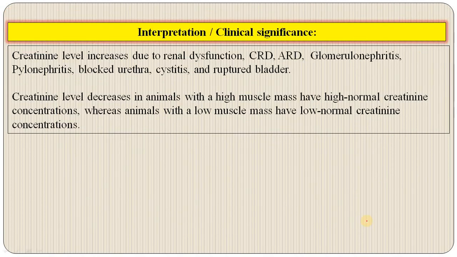In conclusion, or in clinical significance, it is very clear that creatinine concentration increases due to renal dysfunction, maybe chronic renal disease, acute renal failure or disease, glomerulonephritis, pyelonephritis, blocked urethra, cystitis, ruptured bladder.